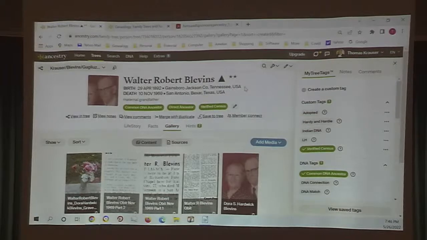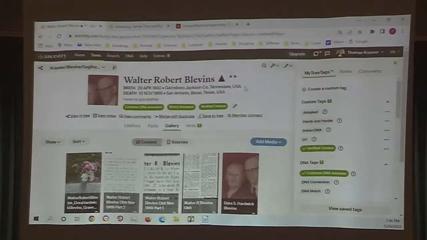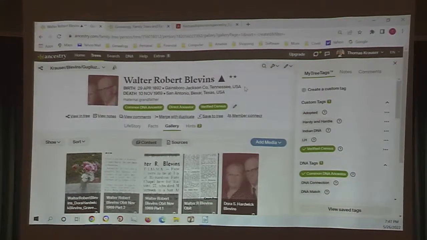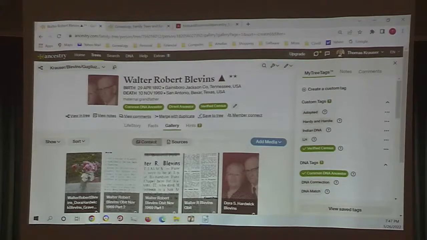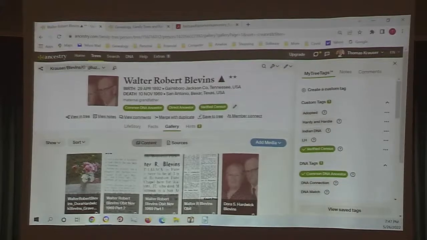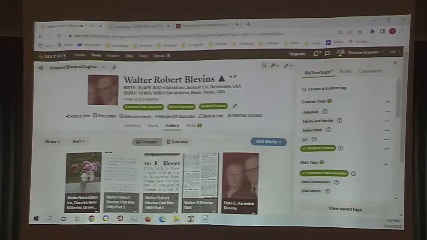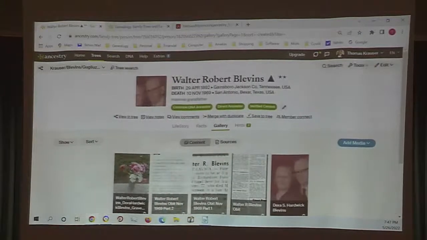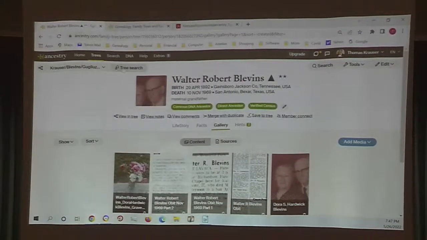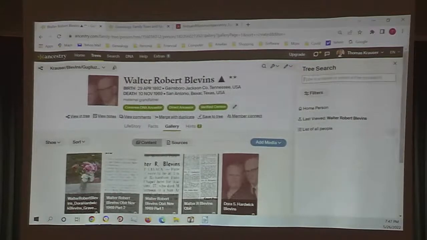And it's a genealogy of the Blevins family, which is my mother's, Blevins, goes back to about 400 AD, okay? So if I use stuff out of here, I tag it. Let me just actually go back to the tree. Tree search. Let me go to William Blevins.